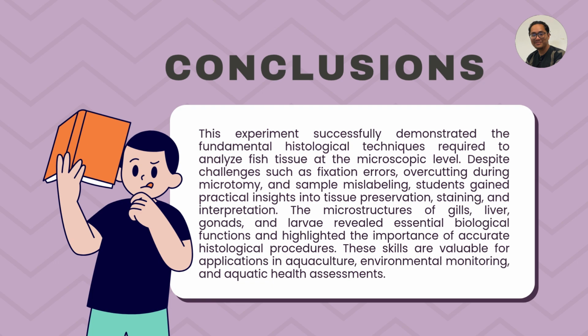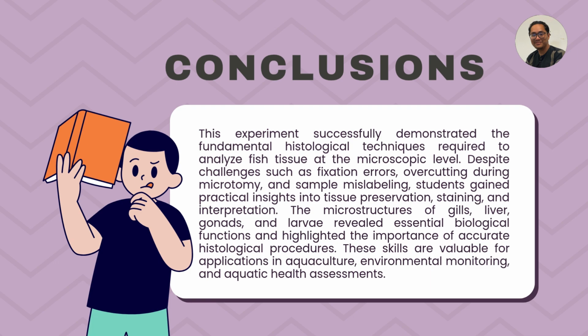This experiment successfully demonstrated the fundamental histological techniques required to analyze fish tissue at the microscopic level. Despite the challenges such as fixation error, overcutting during microtomy, and sample mislabeling, students gained practical insight into tissue preservation, staining, and interpretation.